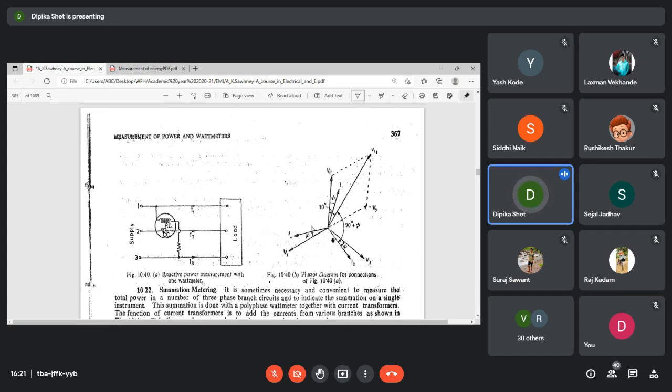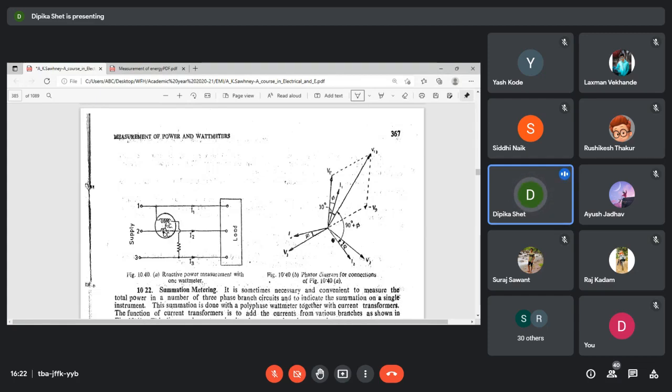Again in this case, if we draw the phasor diagram, here it is V1, V2, V3, then currents I1, I2, I3 lagging by an angle of phi. The voltage measured across this pressure coil is V13, because the pressure coil is connected across lines 1 and 3.